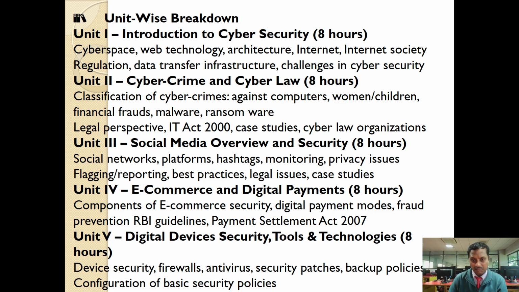Maybe Instagram or WhatsApp say that they don't capture our data, but at the other end they may be monitoring what exactly you are doing. That creates a privacy issue for a person using these apps. Then what do we mean by flagging and reporting? If you have any cases, you can report back. Then what are the best practices that you can implement, so that you will not be a victim of any kind of issues.